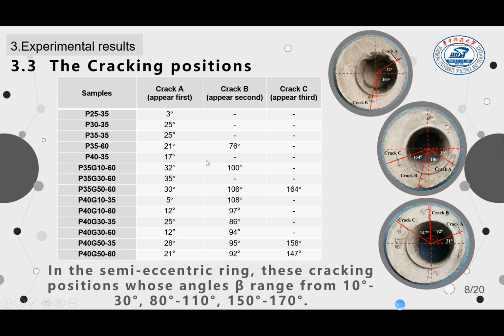We call 3 kinds of cracking: crack A, crack B, and crack C. In the semi-eccentric ring, these cracking positions have angle beta ranging from 10 to 30 degrees, 80 to 110 degrees, and 150 to 170 degrees.